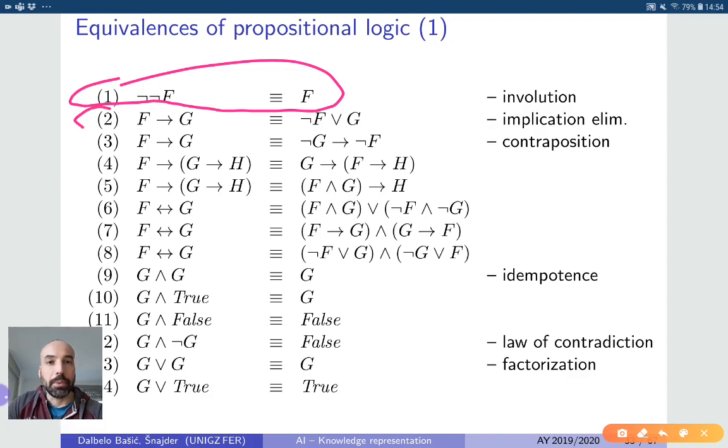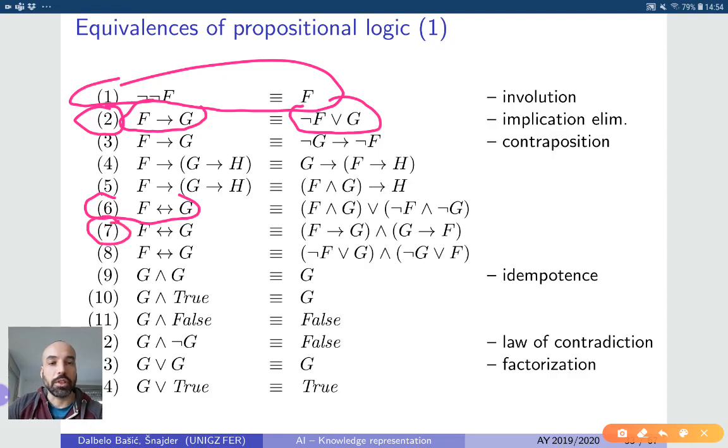And the other very important formula here is the second one, which allows me to replace an implication with a formula where I basically have a disjunction of the negated antecedent or the consequent. Another quite useful formula is this one, where I can replace an equivalence.